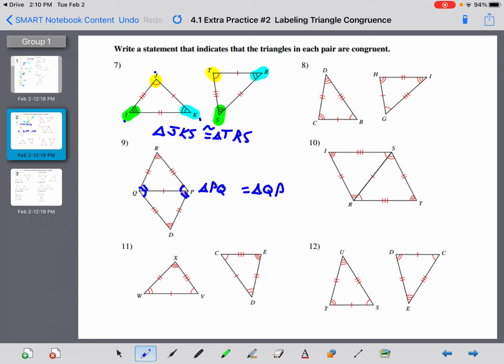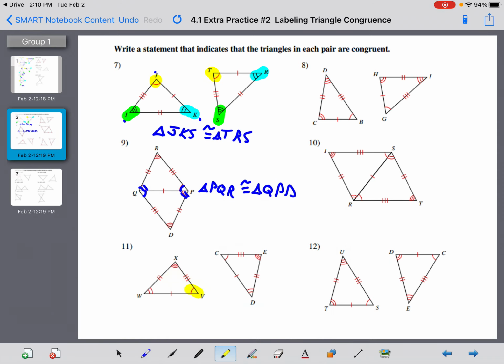So PQ and QP. And then last are your ones with 3 tick marks. So R and D. PQR and QPD are congruent.